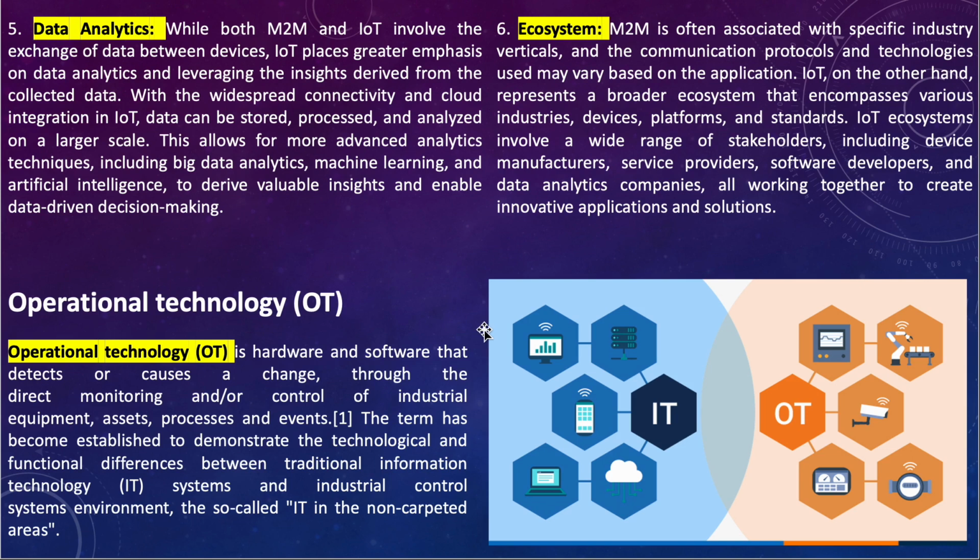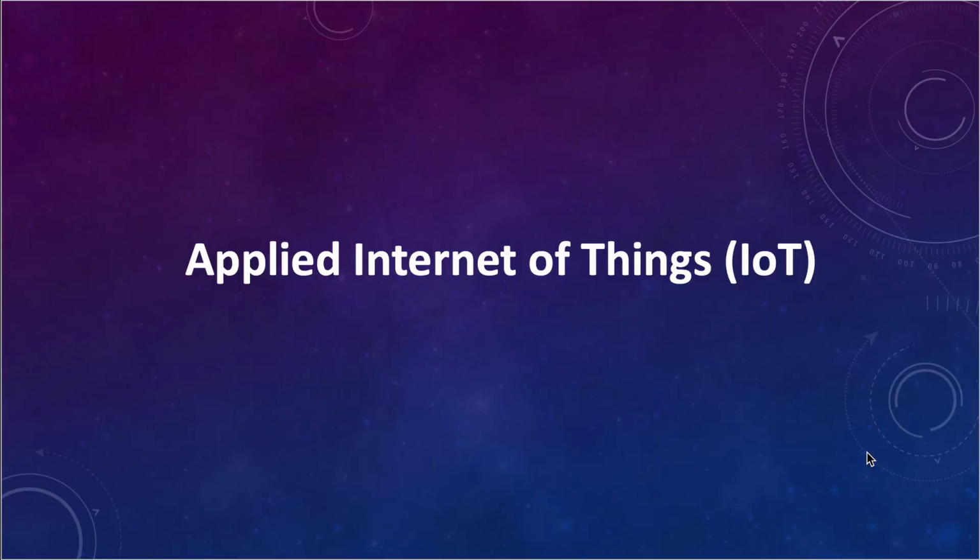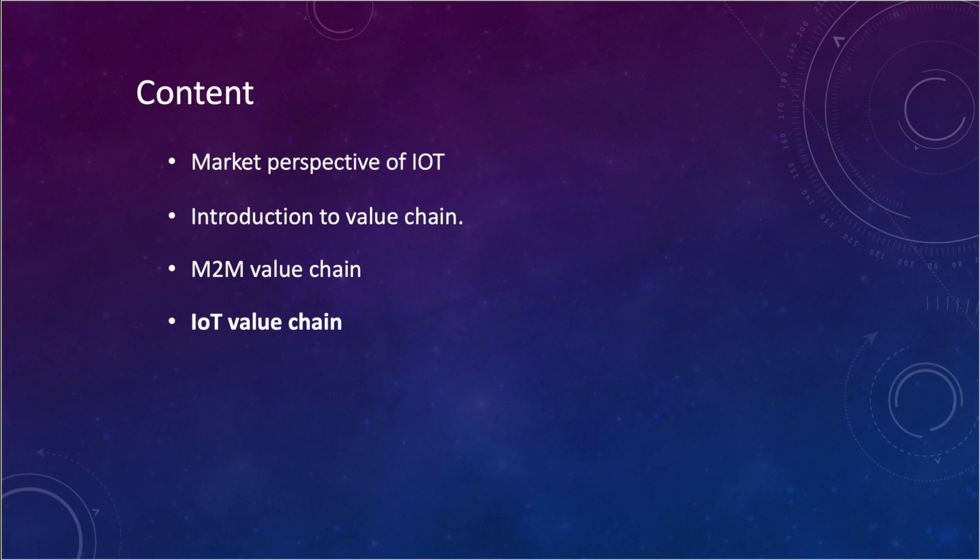So we can start from the next bit of it. Now in the next part of our lecture for applied IoT, we will be looking at the market perspective of IoT, right?